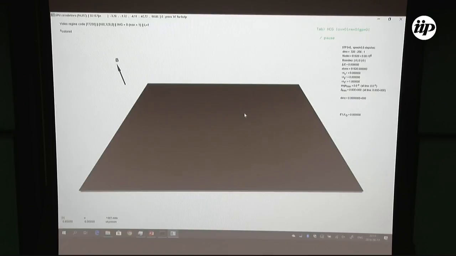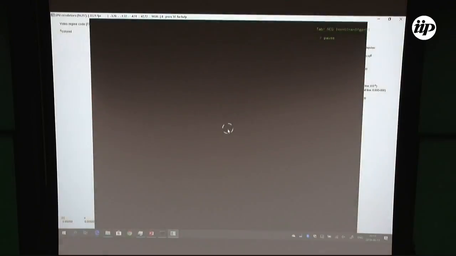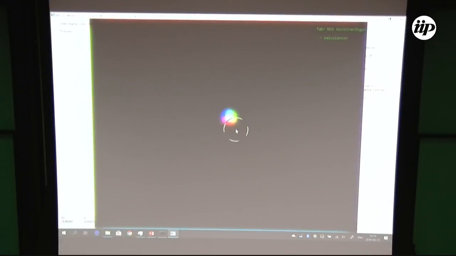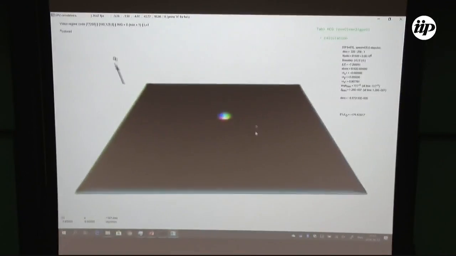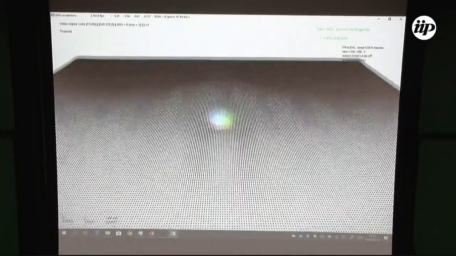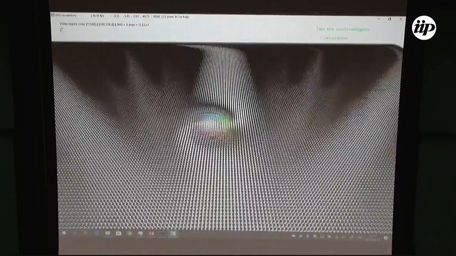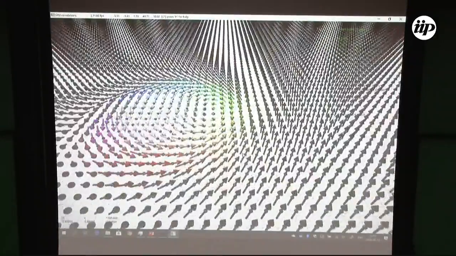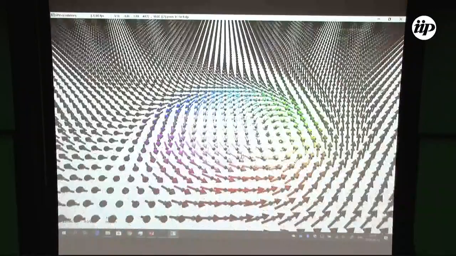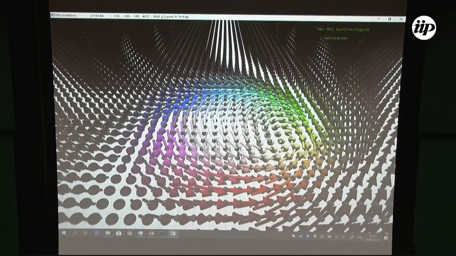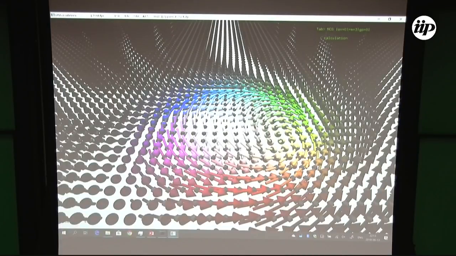We have a monolayer in an external magnetic field. And let me create the skyrmion. Yeah. So this is a common chiral skyrmion, or vortex, if you wish.